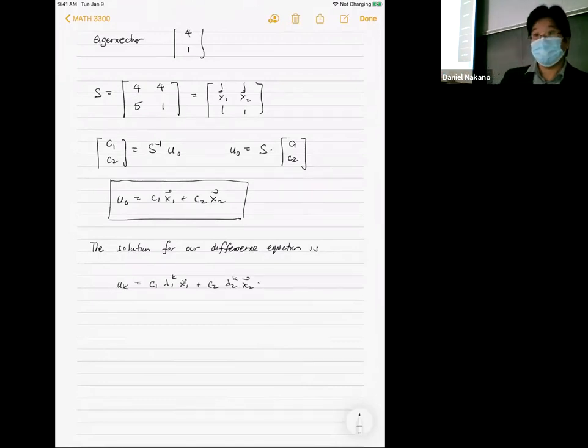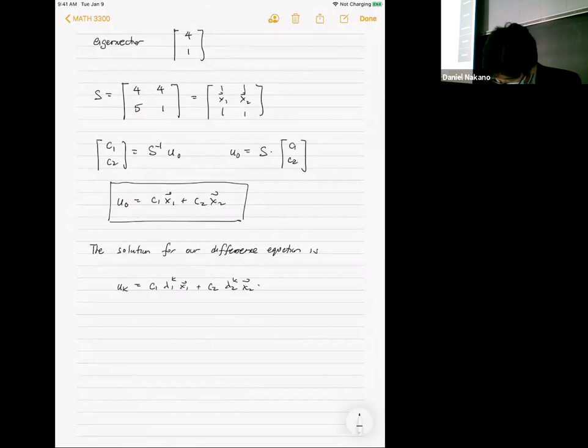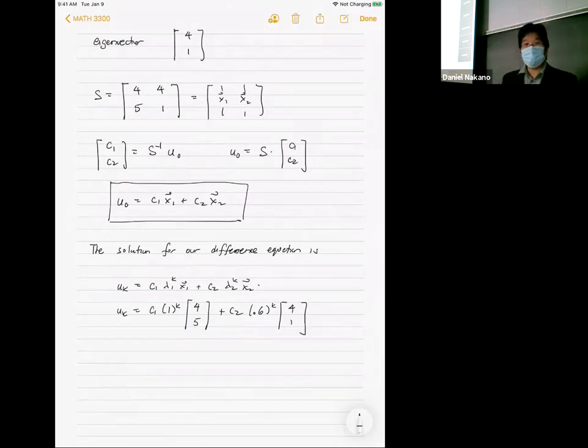This is exactly the equation we've been using for the last example and for the Fibonacci series. So let's plug things in. We get u_k equals C1 times 1 to the k times 4, 5, plus C2 times 0.6 to the k times 4, 1. I'm just plugging in the eigenvalues and the eigenvectors.